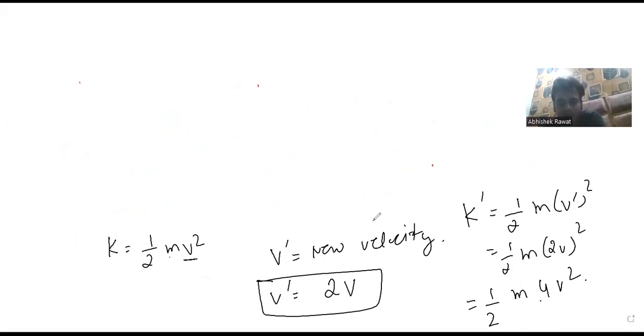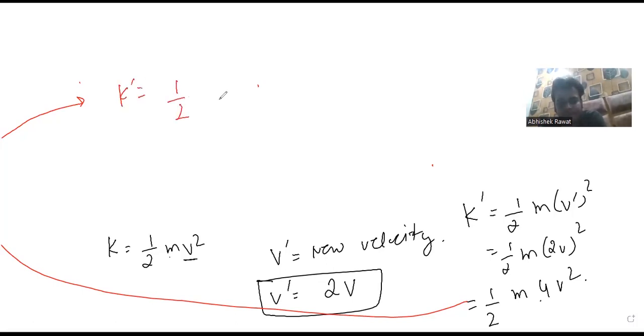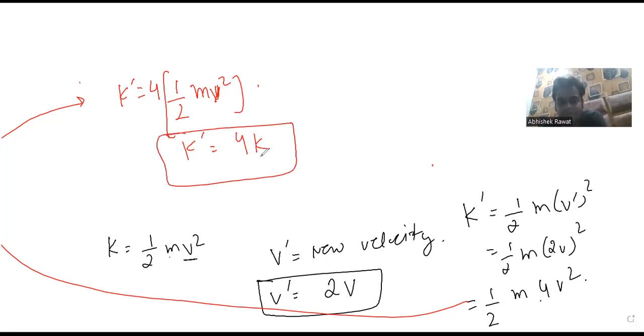Now I'm writing the rest of the solution here. So k dash will be 4 times half mv square. So k dash is basically 4 times the earlier k. Earlier kinetic energy was k, now it's 4k. K dash is the new kinetic energy.